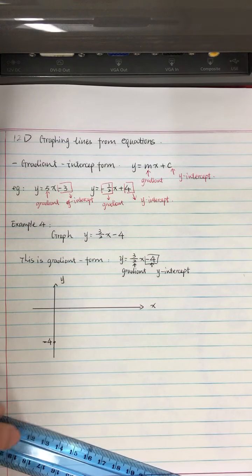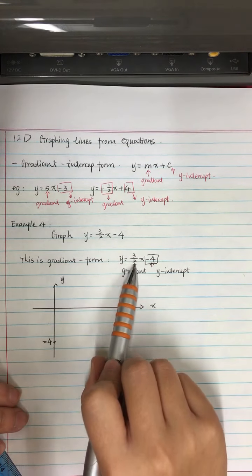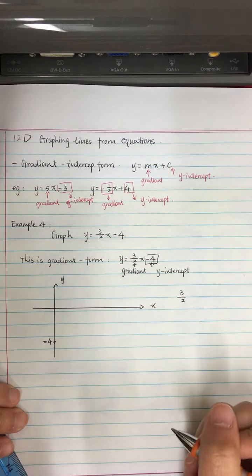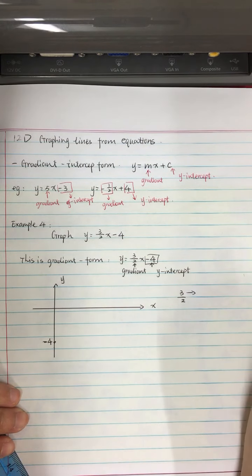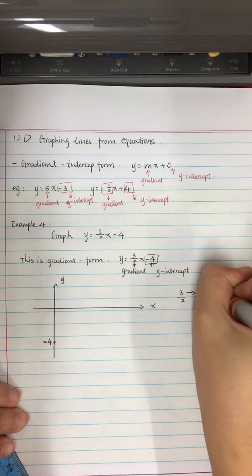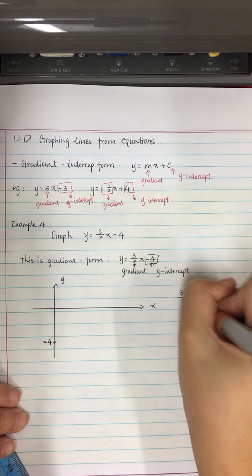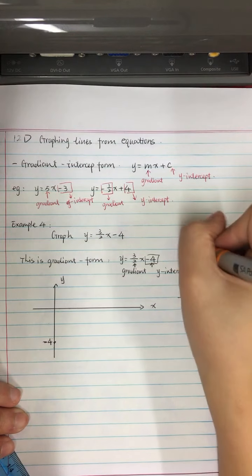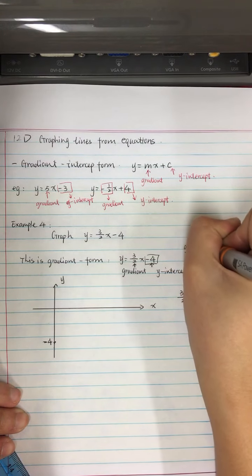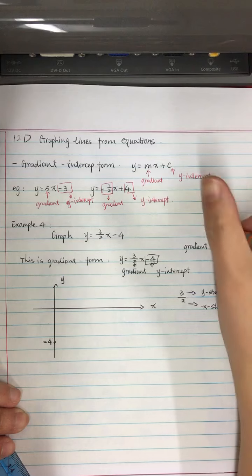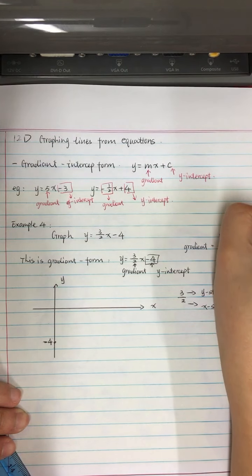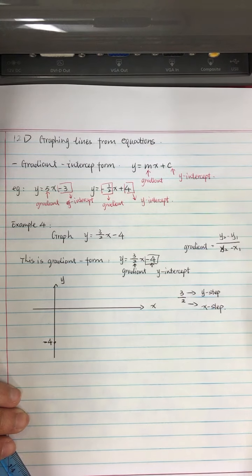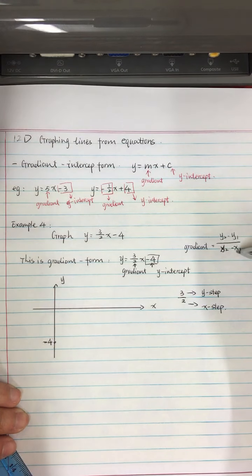How can we find our second point? We look at the gradient. Because the gradient is 3 over 2, the top one is the y step and the bottom one gives you the x step. Remember, the gradient formula that we learned in the previous lesson is y2 take y1 over x2 take x1, so that's the y steps and that's the x steps.